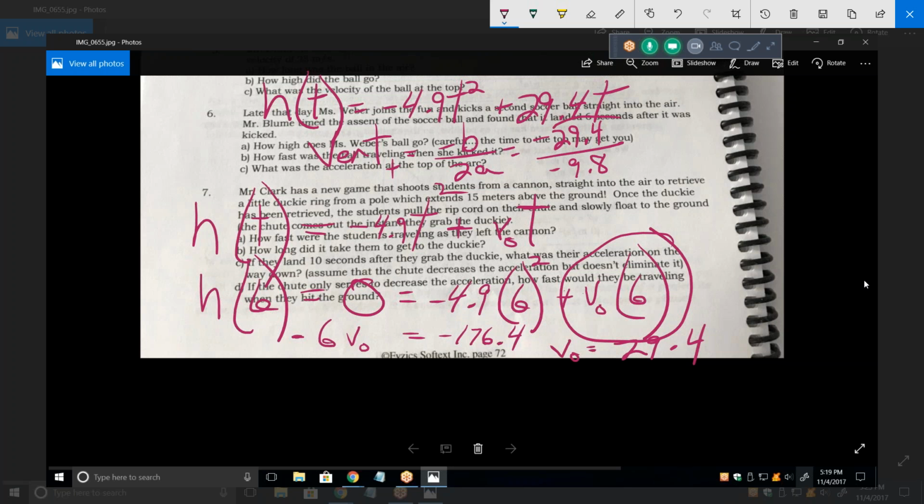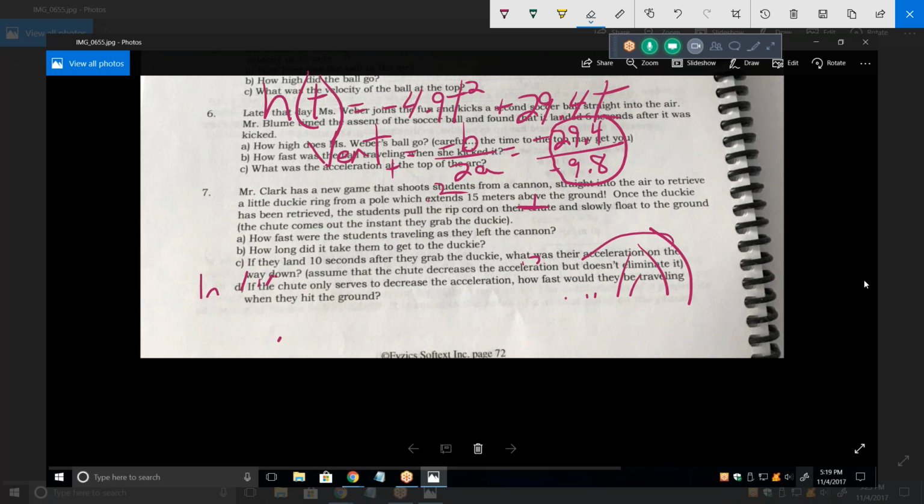So 29.4 divided by negative 9.8. Actually, both are negative, so it's going to be positive. It's 3. So that is the t-coordinate of the vertex.